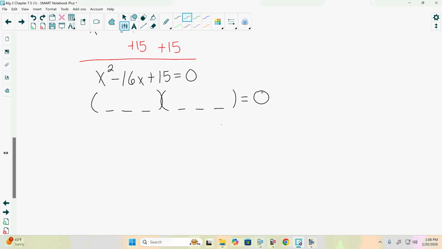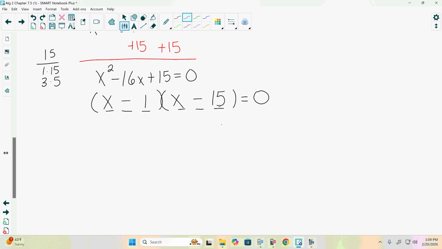Use those parentheses with 3 spaces. Since the third term is positive, the signs are the same and match the sign of the middle term. Negative and negative. Factors of x squared are x and x. Factors of 15 are 1 and 15 or 3 and 5. One and 15. Because x times negative 15 would be negative 15x.